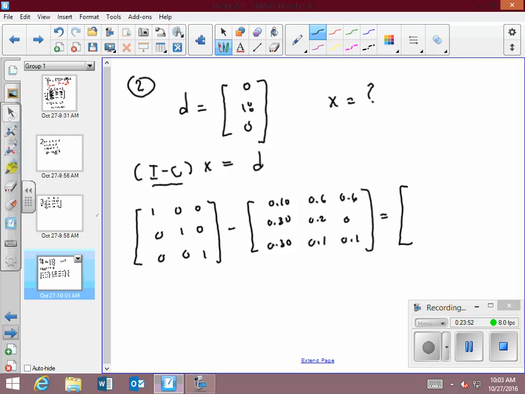So then when you subtract that, you subtract it item by item, so it's going to be 0.9, minus 0.6, minus 0.6, and then minus 0.3, and then 0.8, and this is 0, negative 0.3, 1, and 0.9.